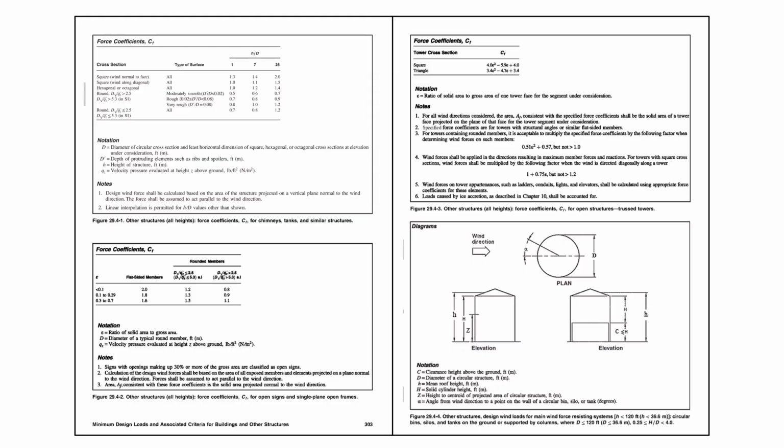Figure 29.4-3, shown in the upper right, addresses open structures such as truss towers. And Figure 29.4-4 addresses circular bins, silos, and tanks. Since a chimney is tall and slender, like the posts supporting the billboard in this example, I will select Figure 29.4-1 as being most appropriate for our current case.